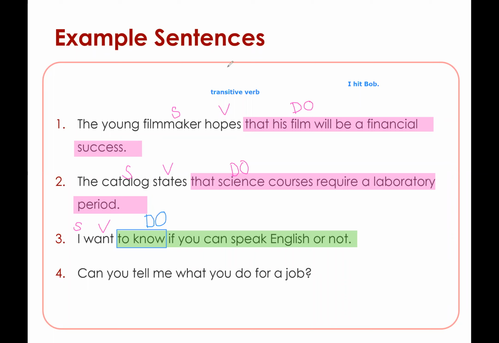However, being a verbal itself, so infinitive, to plus verb, that is a verbal, and it is a transitive verbal because know is a transitive verb, and that means it takes an object. So in our example here, if you can speak English or not, the noun clause is actually the object of our verbal to know.